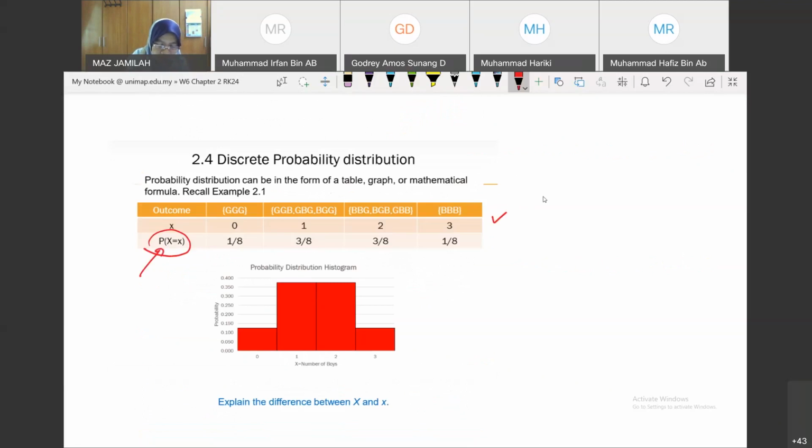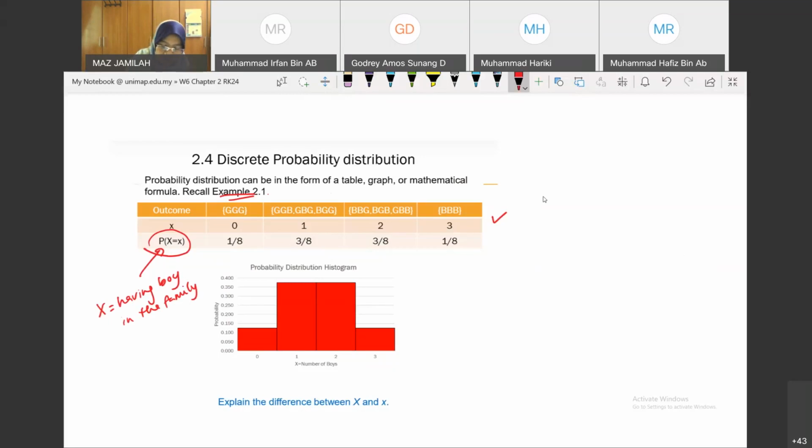The random variable for Example 2.1, X, is having a boy in the family. Specifically, look into your textbook. But easily said, based on this table, X is the random variable defined as having a boy in the family.